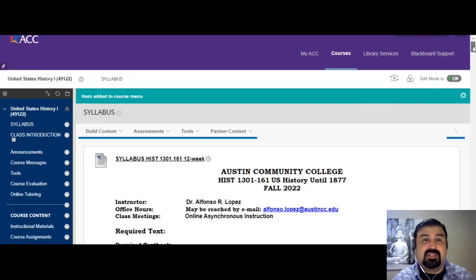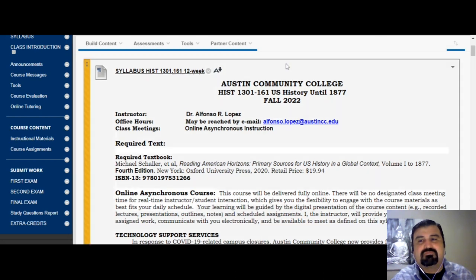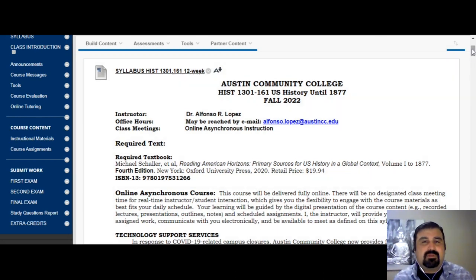And what I did is that I created a whole page of the syllabus here for you to just read, to be so accessible, that is to say. If you want to download the file, the file is already here as well on the very top. You can just download it and maybe keep it in your computer or print it. That's fine.